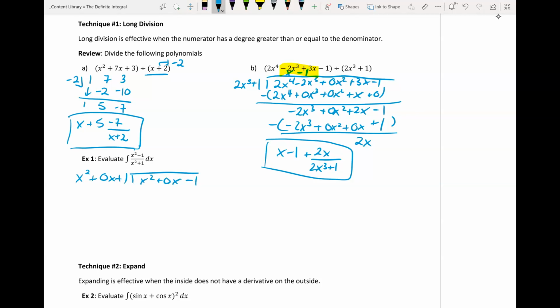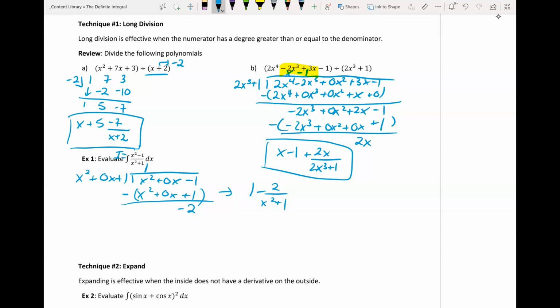If I multiply this by 1, I'm going to get back x squared plus 0x plus 1. But then we're going to subtract this, and I'm just going to be left with -1 minus 1, which is -2. So that means I can rewrite this as 1 minus 2 over x squared plus 1.